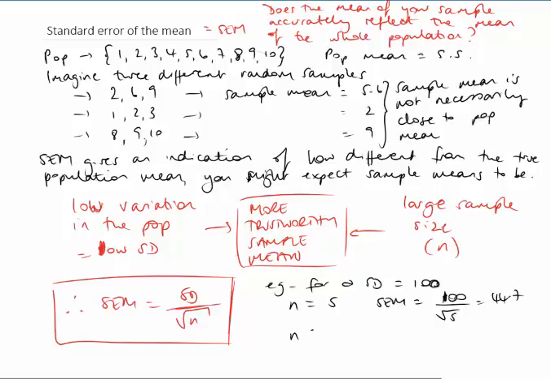But if our sample size is 10,000, then the standard error of the mean will be 100 over the square root of 10,000, which is 1. So the standard error of the mean goes down as our sample size increases. And as I said, this is all going to be covered elsewhere in the course, but I just wanted to go through it here just quickly.